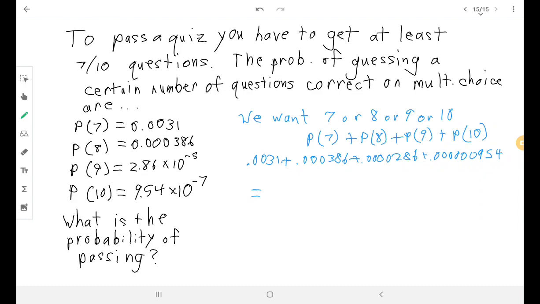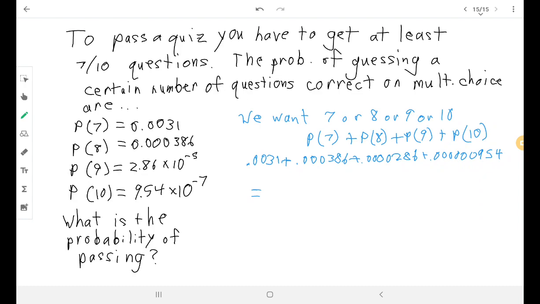And let's see, 0.0031 plus 0.000386 plus 0.000286 plus 0.0000009 54.